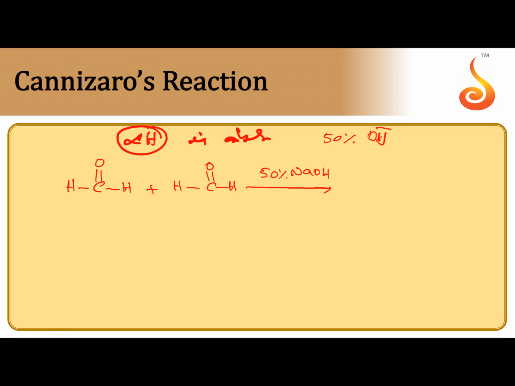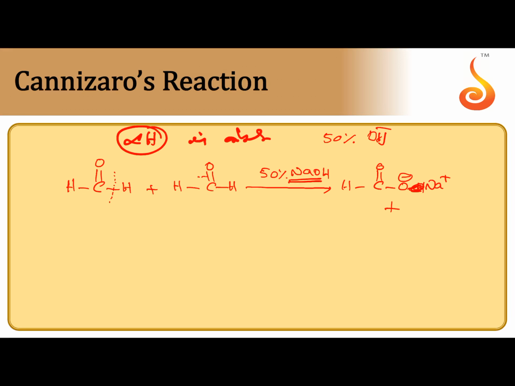at this time what happens: the same carbon undergoes oxidation as well as reduction, disproportionation takes place. So one formaldehyde undergoes oxidation due to insertion of oxygen, HCOOH. Formic acid is obtained, but formic acid undergoes neutralization with NaOH, forming sodium formate.